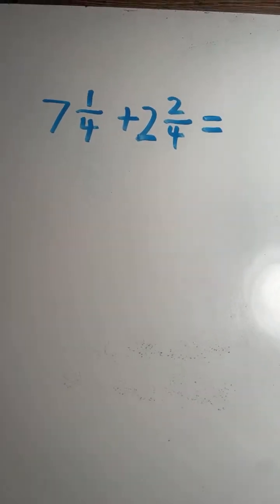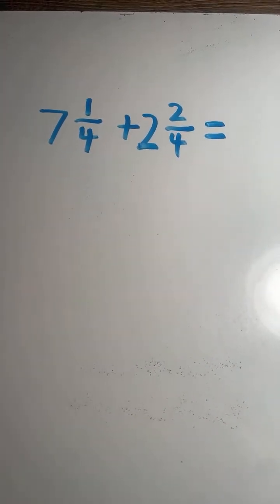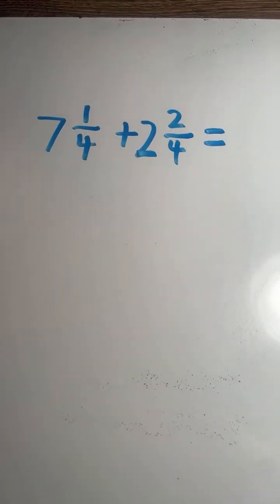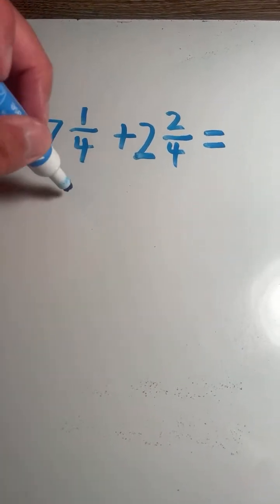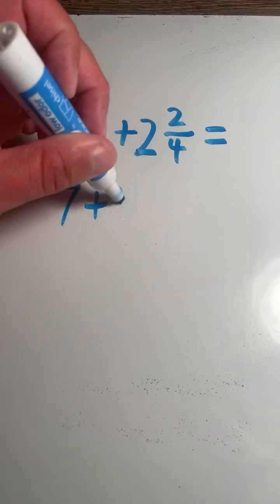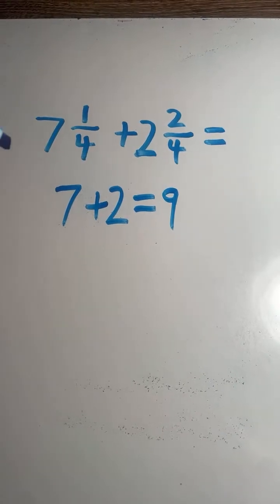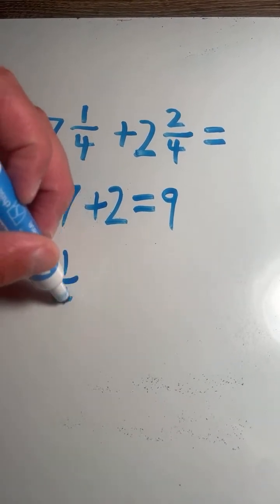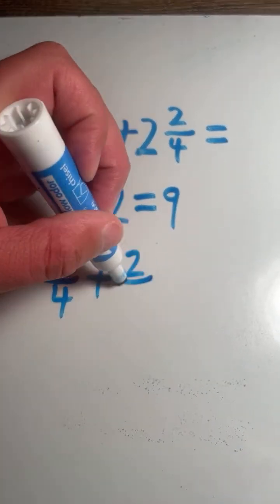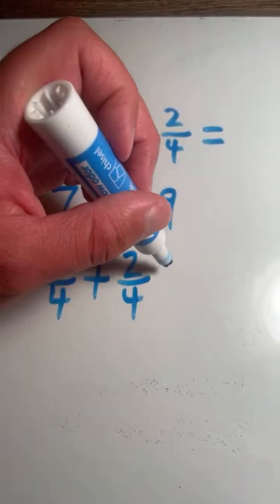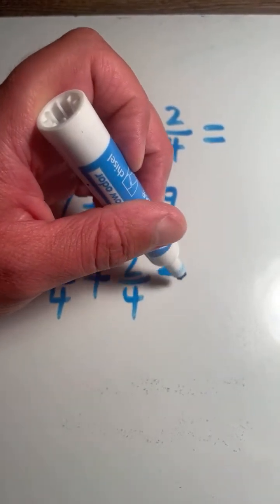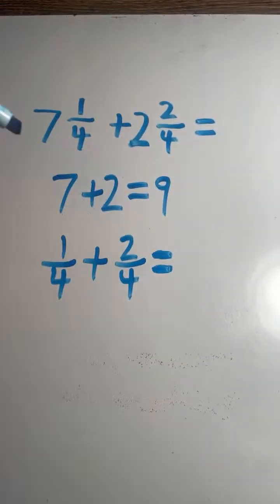So example number 3, 7 and 1/4 plus 2 and 2/4. So step 1, we add our whole numbers. 7 plus 2 equals 9. Step 2, we have to add our fractions. And again, adding fractions is just like adding whole numbers, except we keep the denominator the same.